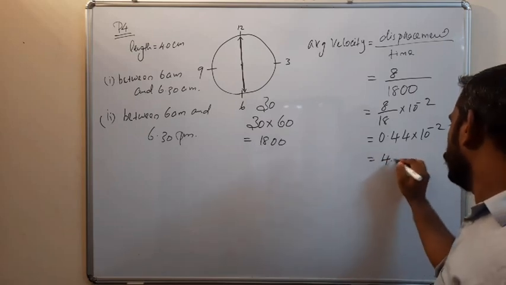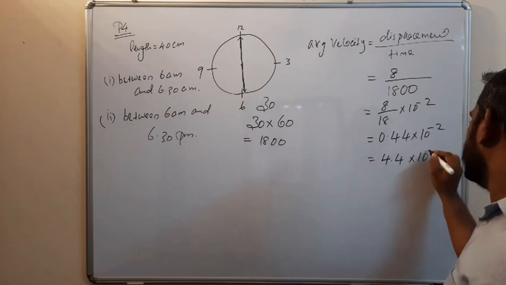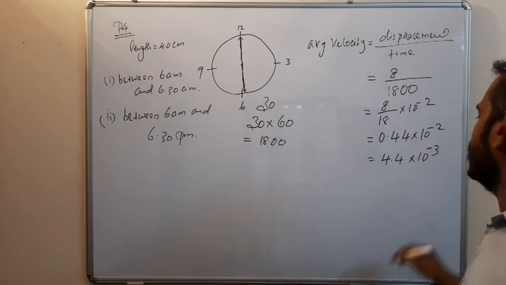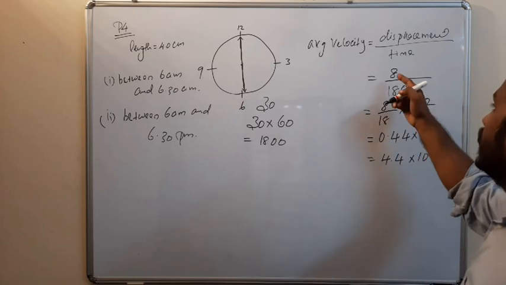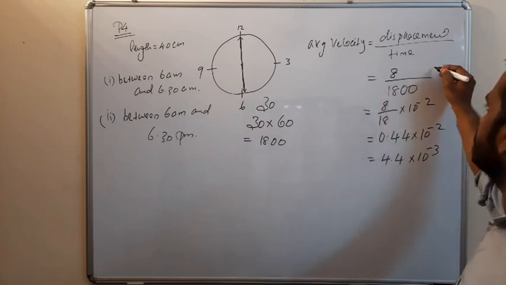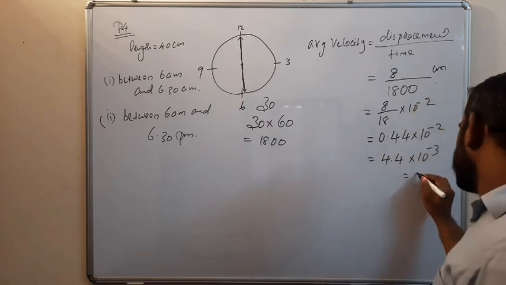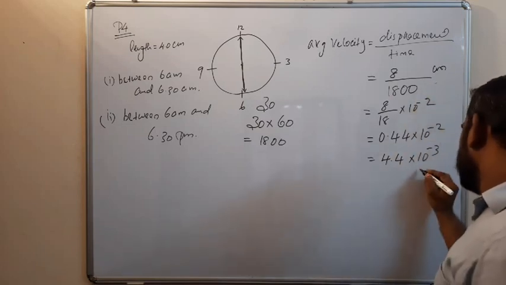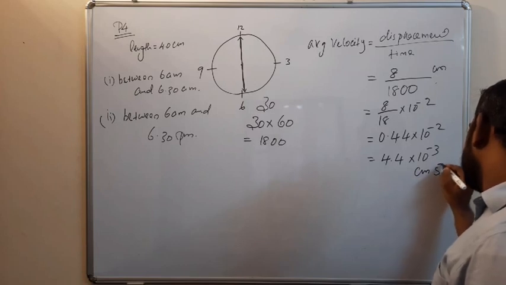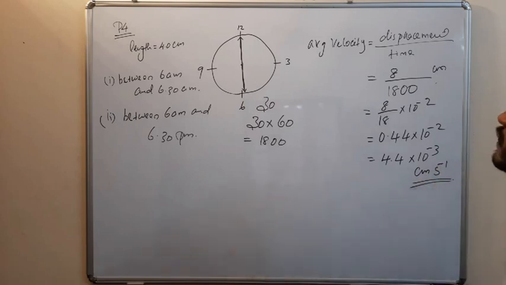That is equal to 4.4 into 10 to the power minus 3. What is the unit? This is centimeter, this is second. So the unit is centimeter per second. Okay, that is the first case. Clear?